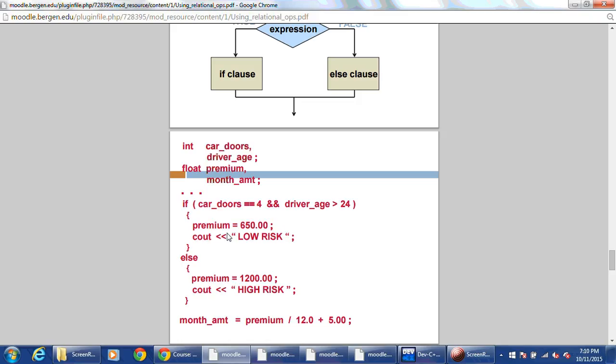We evaluate: if car doors is equal to 4 and driver age is greater than 24, meaning that if this whole expression evaluates to true, then you're going to execute this block of code. That's what this means. If this whole expression evaluates to false, then it'll jump into the else.